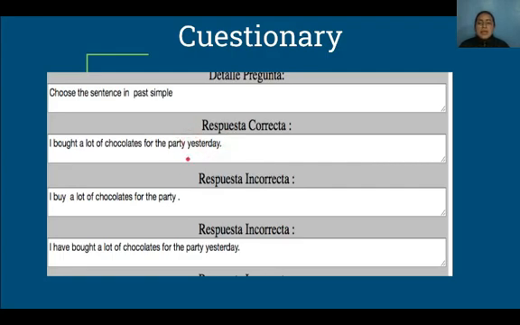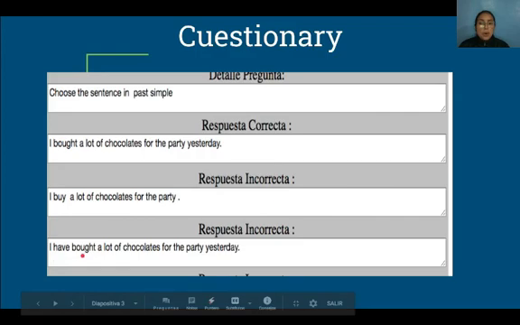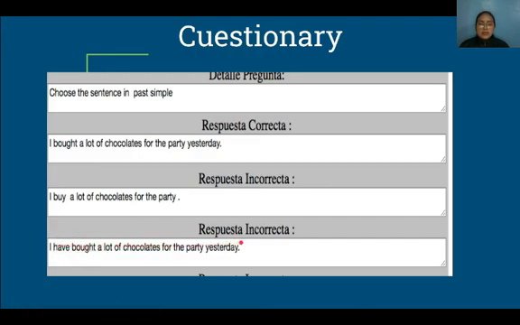Don't forget that. In this case, I buy is in present. I have bought, in this case, the sentence is using the auxiliary of the present perfect. This sentence is in present perfect, okay? Number one is the answer.